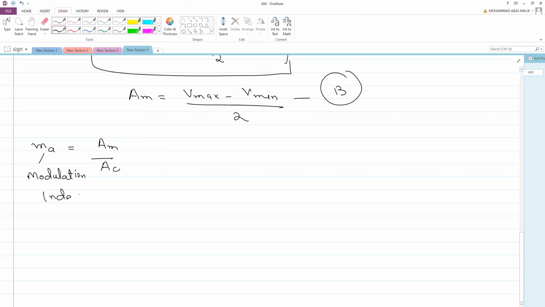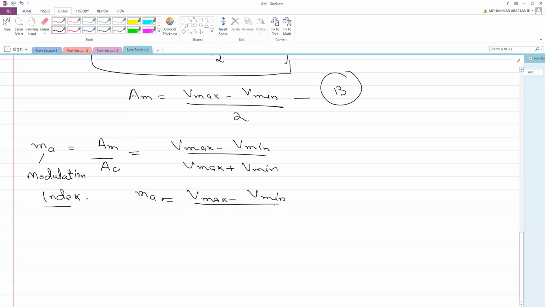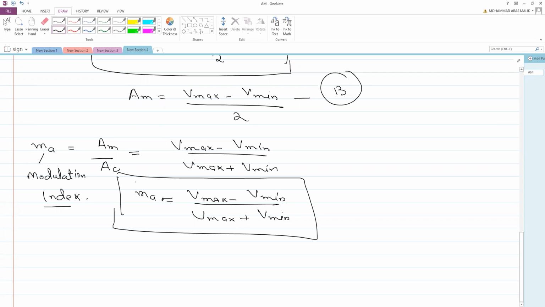And this is equal to (V max minus V min) divided by (V max plus V min). This is your modulation index, MA.